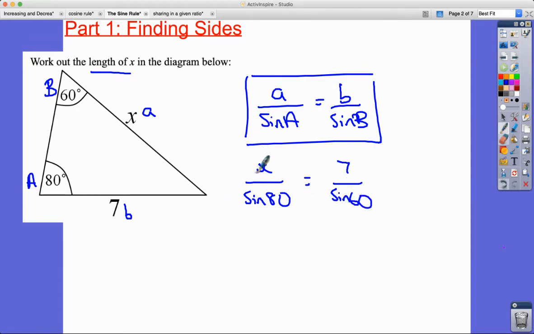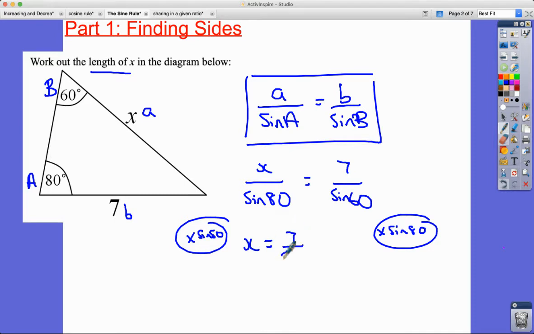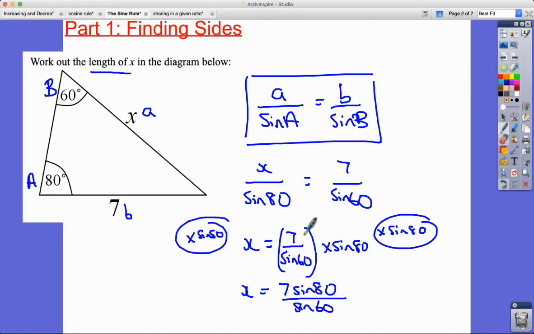Now I'm trying to make x the subject of this, so all I need to do is multiply by its denominator to get it on its own. So multiply by sine 80, multiply by sine 80, and I get that x is equal to 7 over sine 60 times sine 80. An alternative way of writing that, or easier perhaps putting it into a calculator, is 7 sine 80 over sine 60, because anything times a fraction is just multiplied by its numerator.